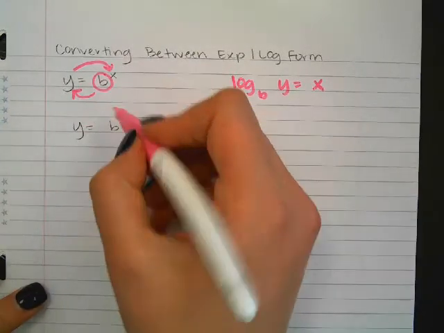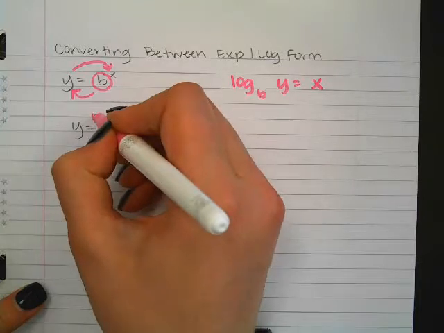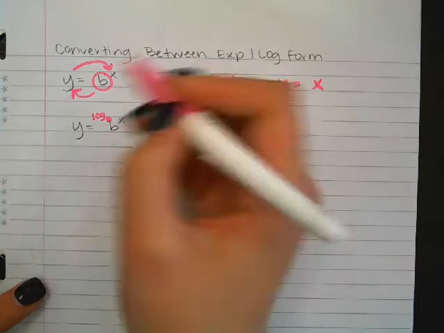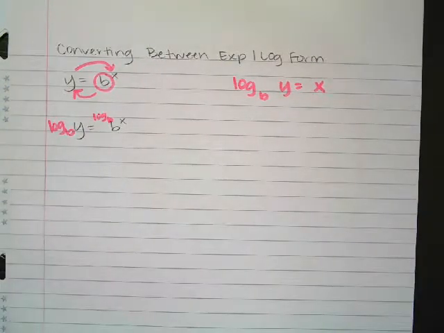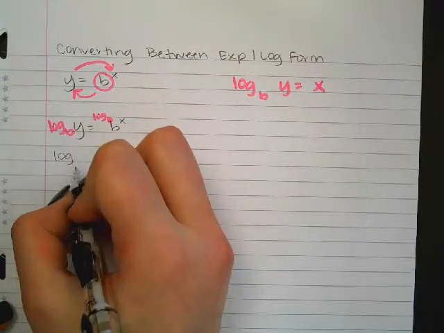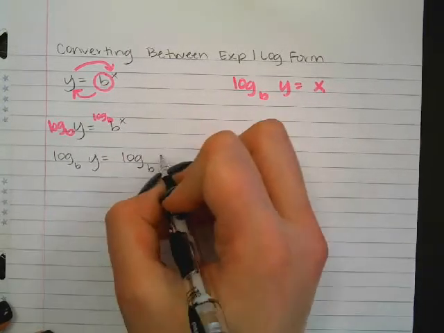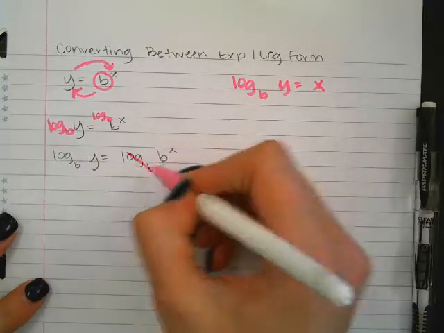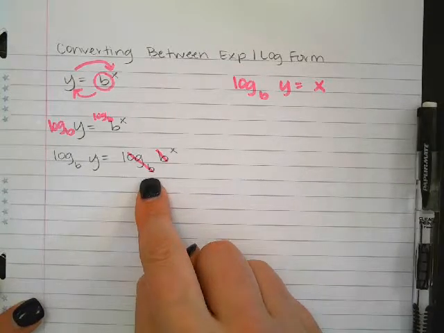So if this is a base b to an exponent of x, then to undo that, I need to log base b that side, and I need to log base b the left side. So what that leaves me with is log base b of y equals log base b of b to the x, and log base b of b cancels because those are inverses of each other.